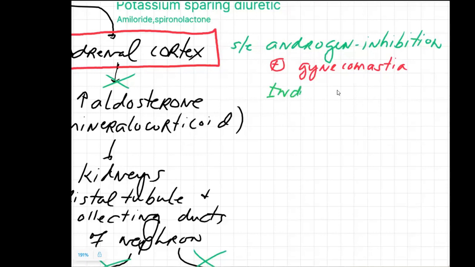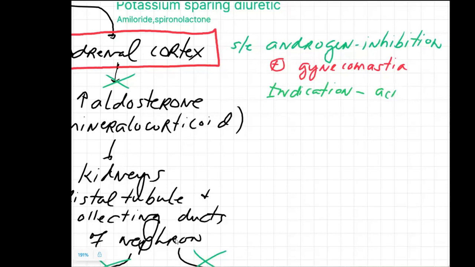And it's also used as a medication in male to female transgenders because of the androgen inhibition and the gynecomastia. And of course, in those cases, these become the desired mechanism of action. And then the diuresis and hyperkalemia become the side effects. So I'm just going to put that there.